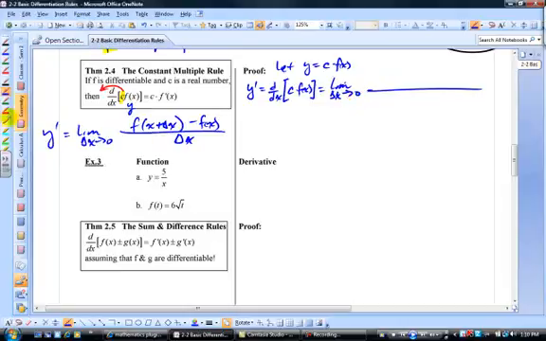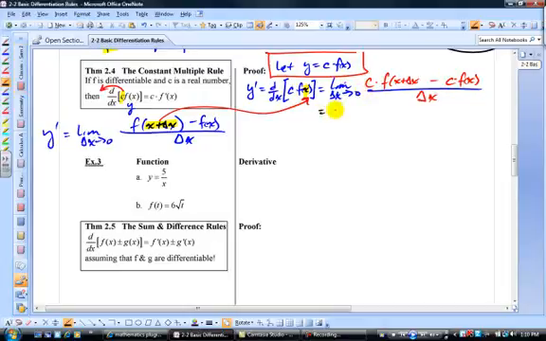When you substitute x plus delta x into the function, it becomes c times f of x plus delta x. There's your first substitution, minus the function, which is c times f of x. Again, just look right here, this is our given function, y equals c times f, all divided by delta x. Well, notice in the numerator that you have the c in common. I'm just going to factor that out.